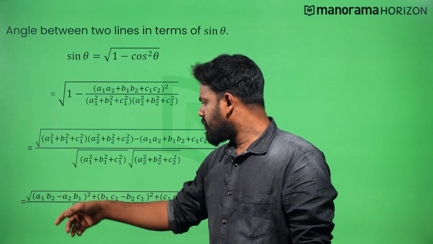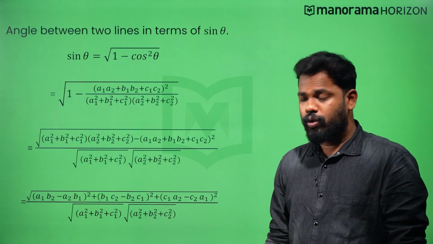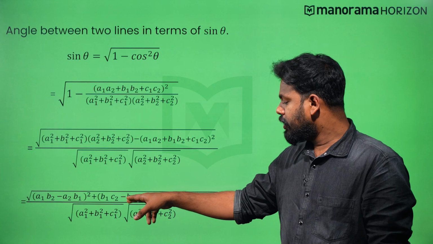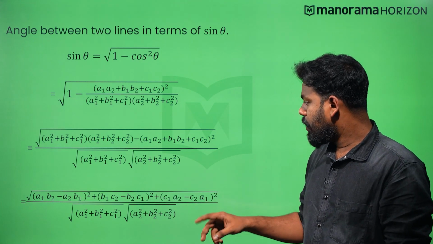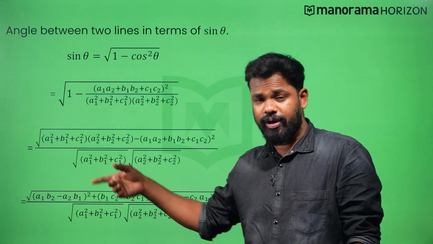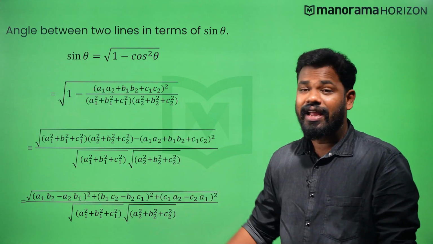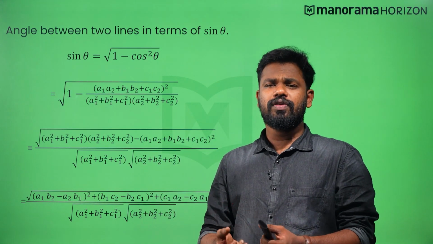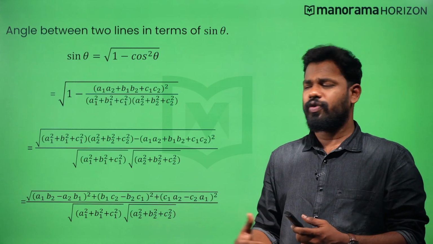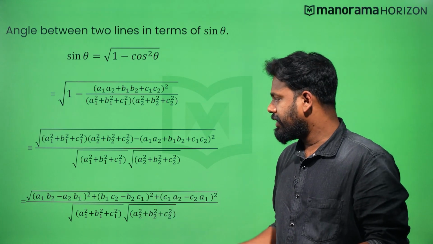After doing all the other final calculations, we finally get A1 B2 minus A2 B1 the whole square plus B1 C2 minus B2 C1 the whole square plus C1 A2 minus C2 A1 the whole square, divided by the same denominator as in the previous case. So this gives us sine theta, not cos theta. You can even use the formula for cos theta directly. You don't need to use this formula for sine theta because it's quite lengthy.